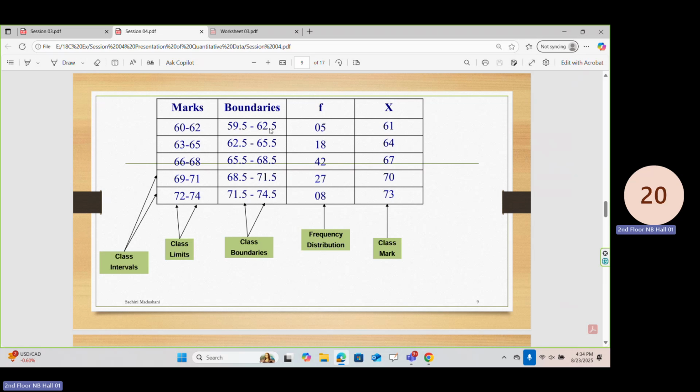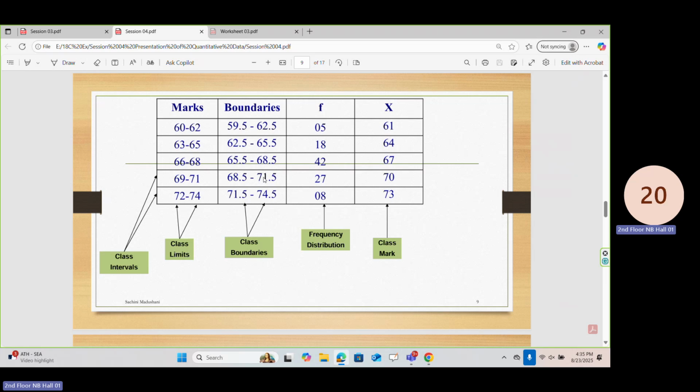What is the answer? 62.5. It's clear? Then the second one, 63 to 65. Remove 0.5 from 63. What is the answer? 62.5. Then we add 0.5 to 65. What is the answer? 65.5. Now clear?